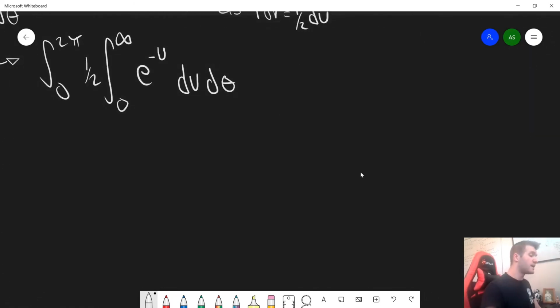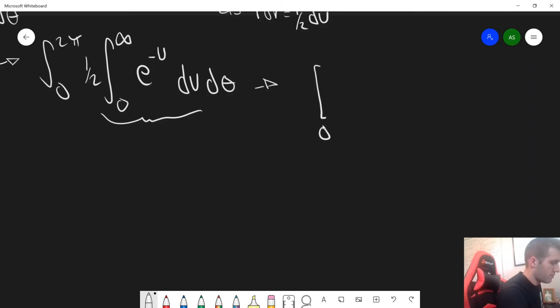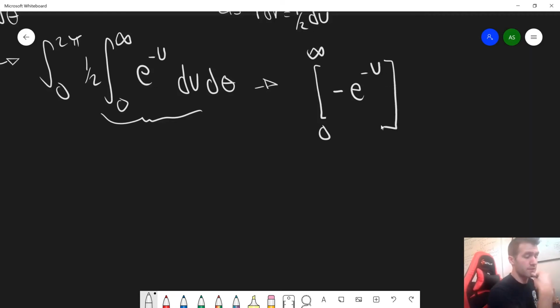So taking the indefinite integral here is going to give us, so just isolating this first here, ignoring the outer, of course, we're going to have 0 to infinity, bracketed off here, and then that negative falls down to the coefficient, so e raised to the negative u, and now we can actually take the difference here from our limits.